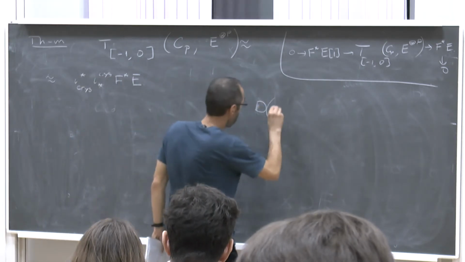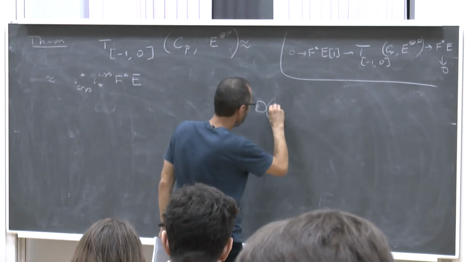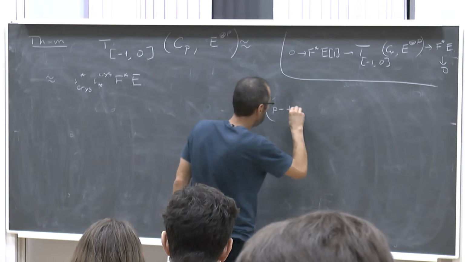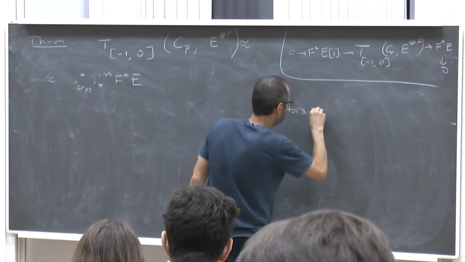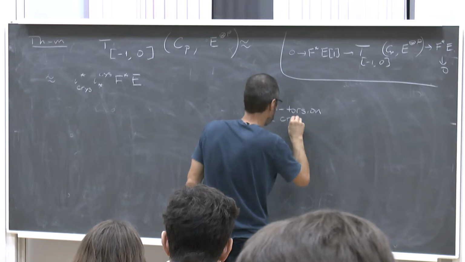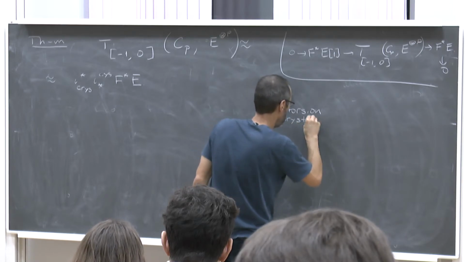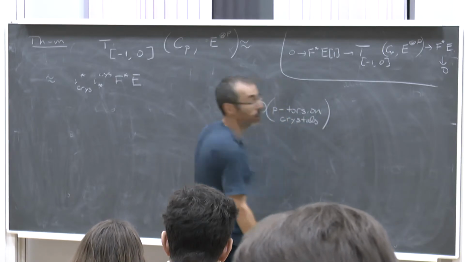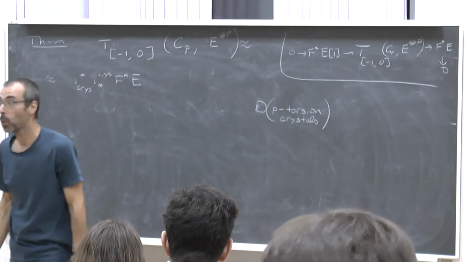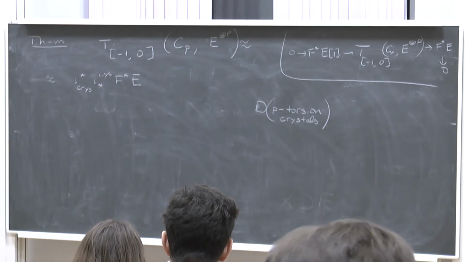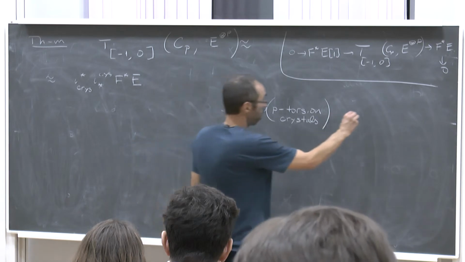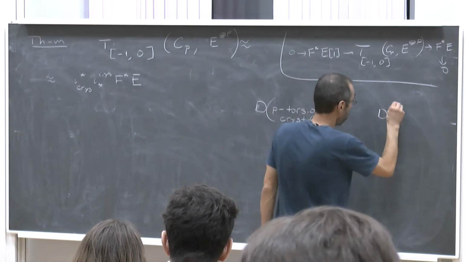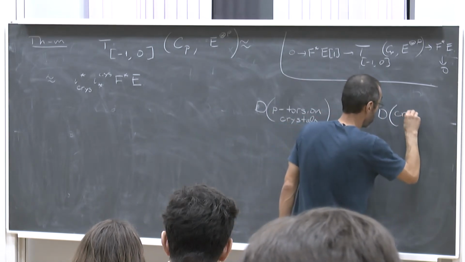So I have a derived category of p torsion crystals. That's equivalent to the derived category of D modules with nilpotent p curvature. And on the other hand, I have the derived category of all crystals.